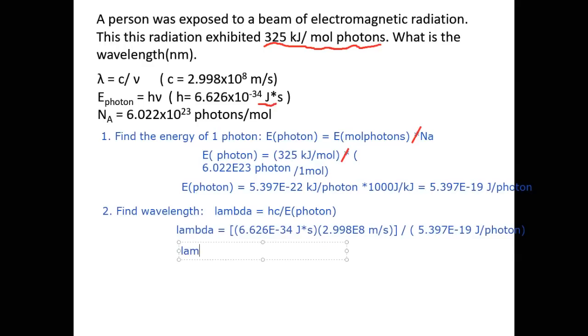So here, lambda equals, let me work this out.